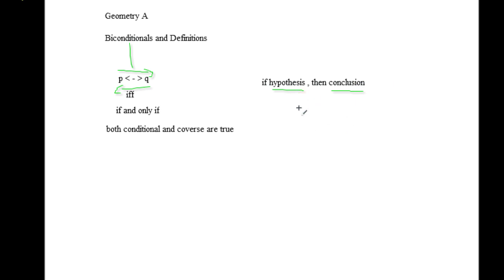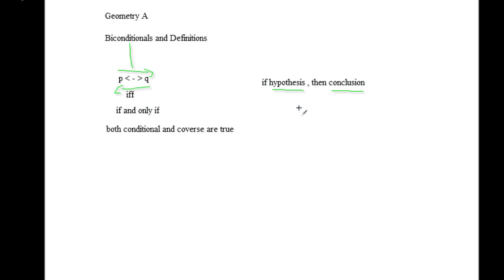You can take a plain old statement and make it into two, a conditional and a converse. For example, a ray is an angle bisector if and only if it divides an angle into two congruent angles. The first statement is a ray is an angle bisector. The second statement is it divides an angle into two congruent angles.